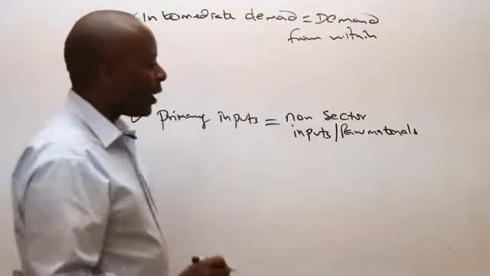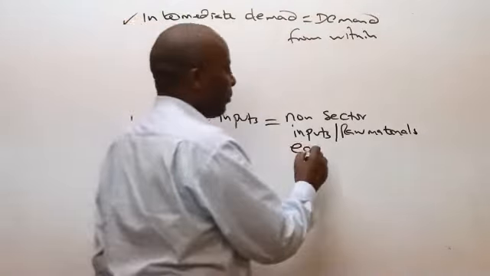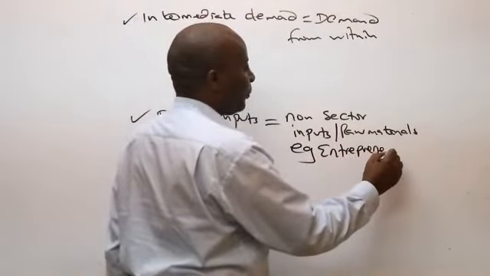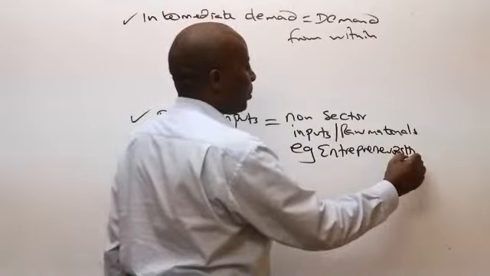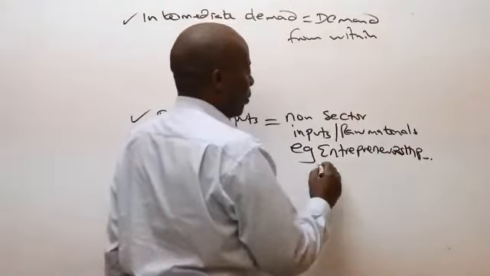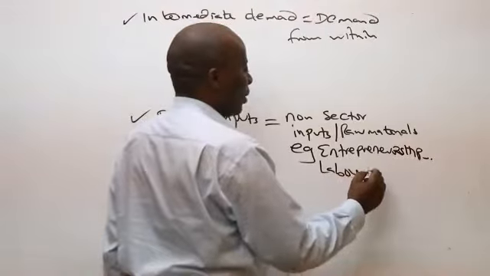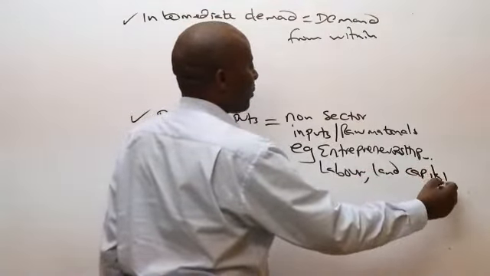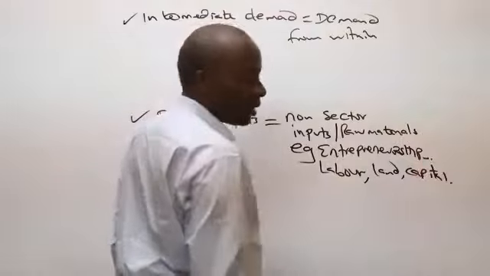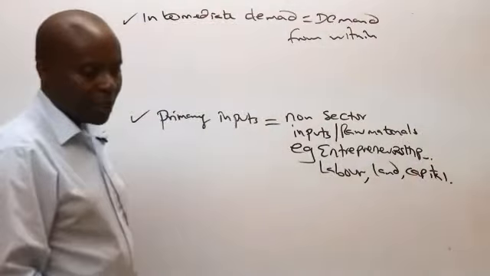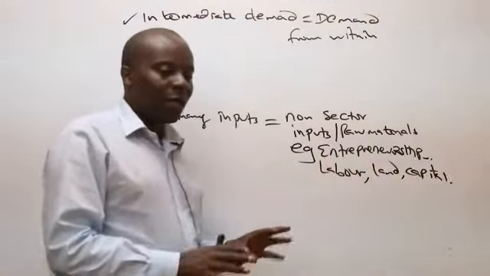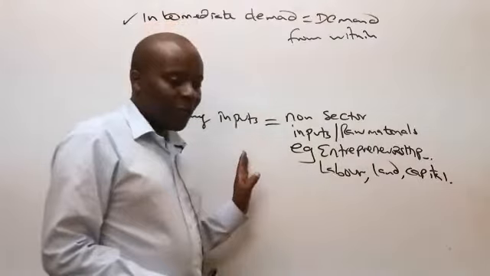Very good example will be entrepreneurship. We have labor. We have land. We have capital. There is no sector that produces these things. So then we have to lump them together under what we call the primary inputs.